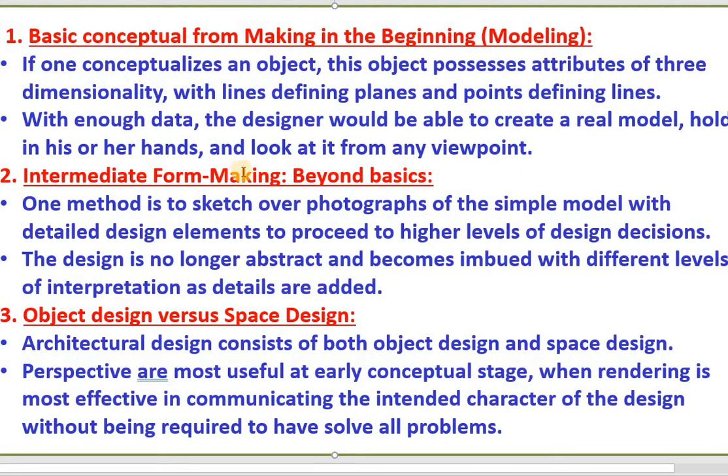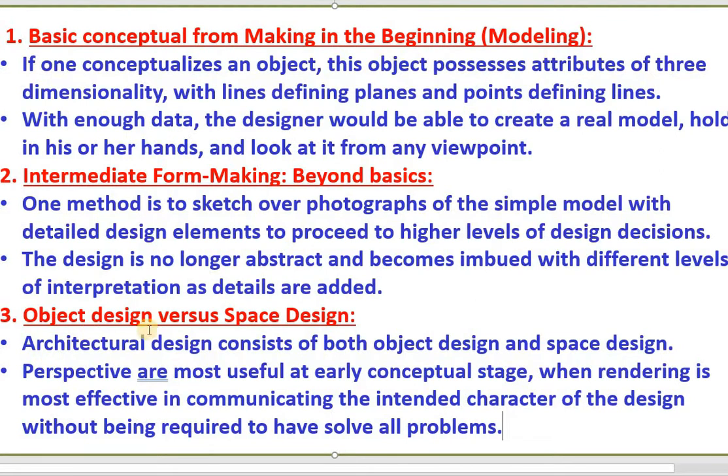That's intermediate model making. After they have the basic one, they go over it with the photograph, they sketch it, and they do the simple model with the detail elements. After that, they go to a different level, increase to a higher level and develop by adding detail.